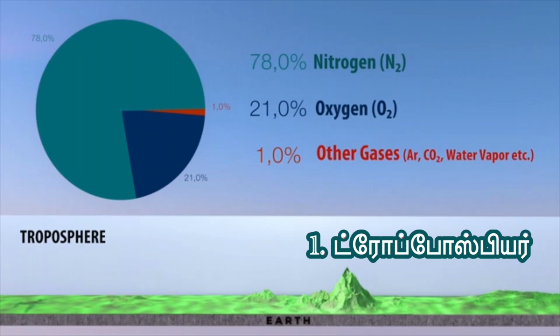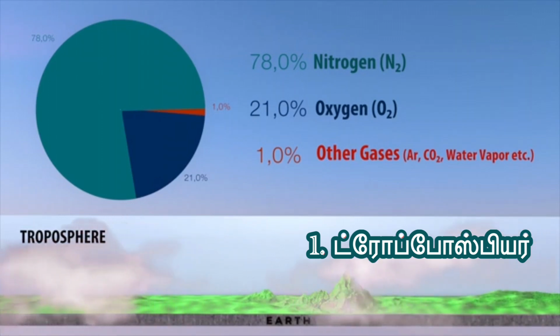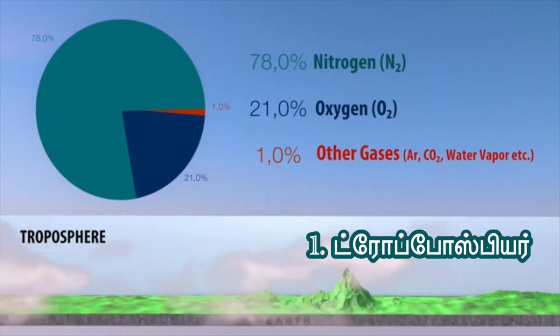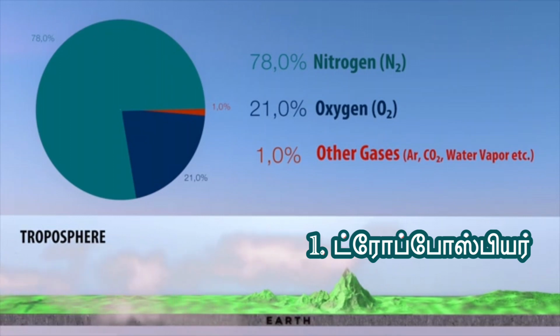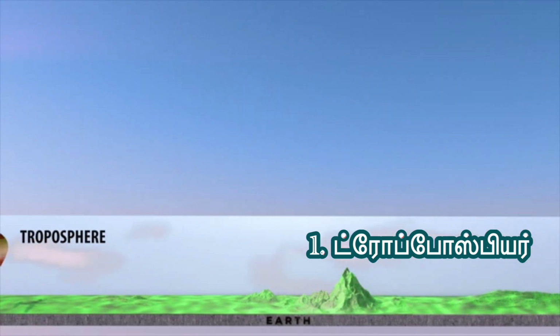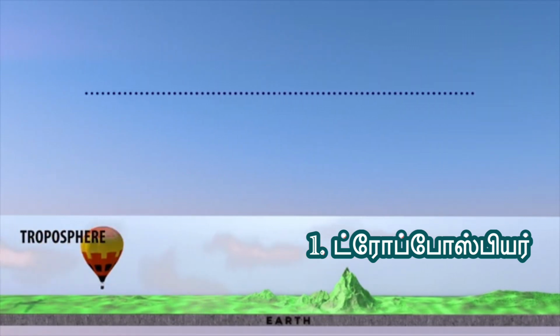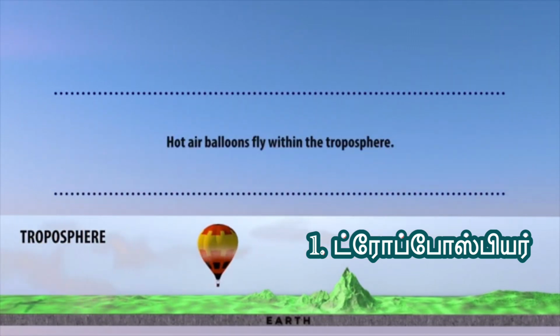And I'm showing the composition of the gases present in this troposphere layer: 78% nitrogen, 21% oxygen, and 1% other gases, such as water molecules, carbon dioxide, and other greenhouse gases like nitrous oxides and chlorofluorocarbons.